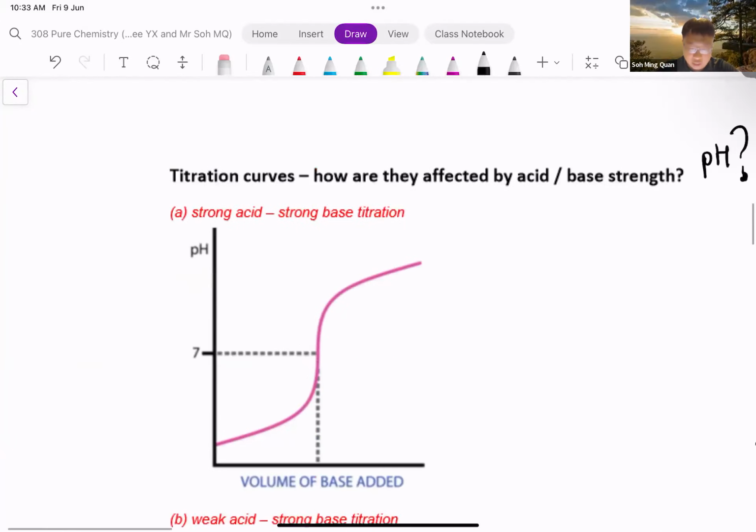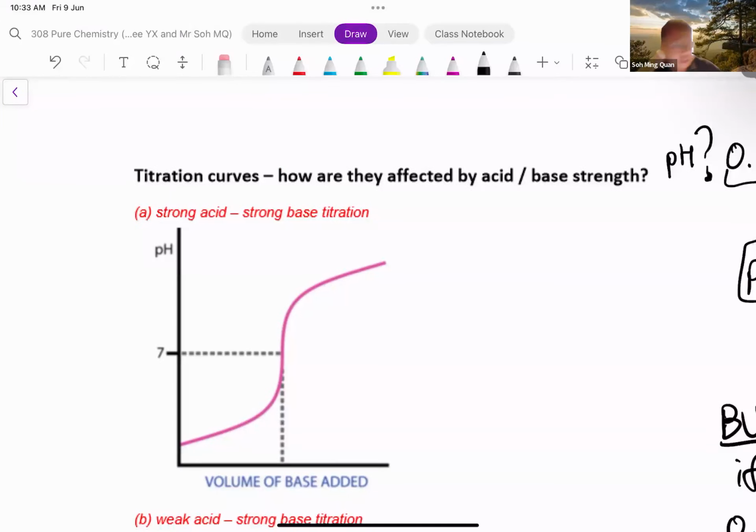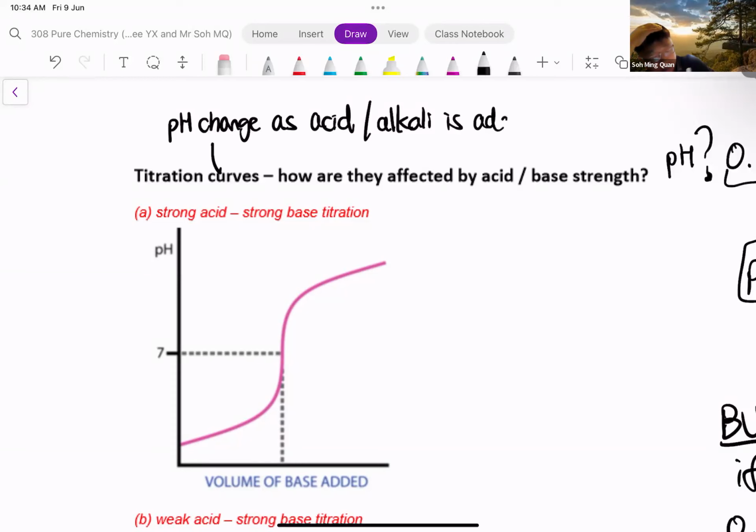Okay, so titration curves. Titration curves basically measure the pH change as acid or alkali is added. In this case, you can see my first titration is a strong acid, strong alkali, or strong base titration. For example, HCl and NaOH. If I titrate HCl and NaOH, this is how the pH will change.